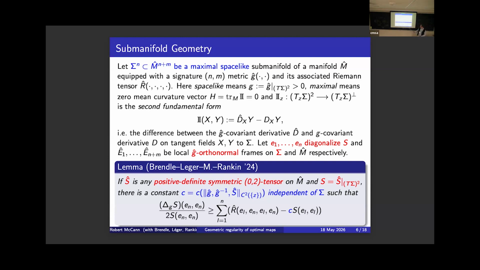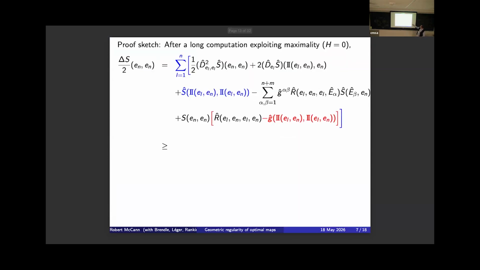Okay, so the proof of this lemma is sort of a long computation. You do this computation where you want to compute this Laplacian, and a bunch of terms vanish because my submanifold is assumed to be maximal, or vanishing mean curvature.